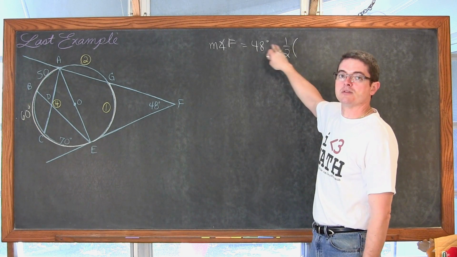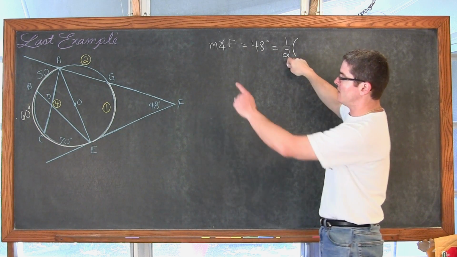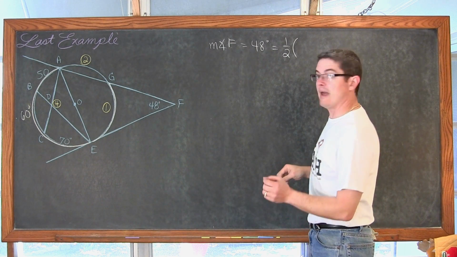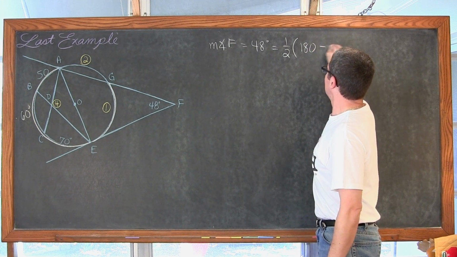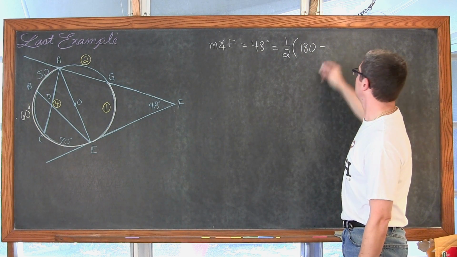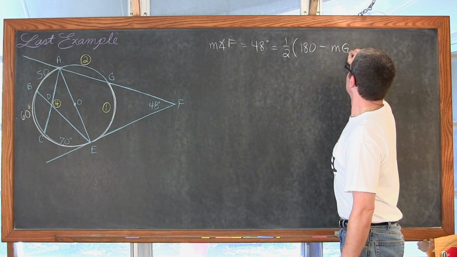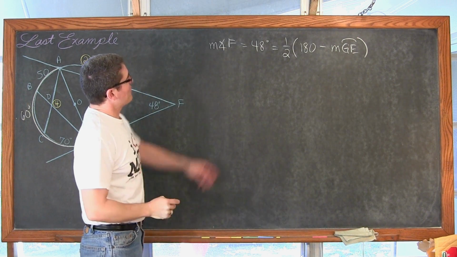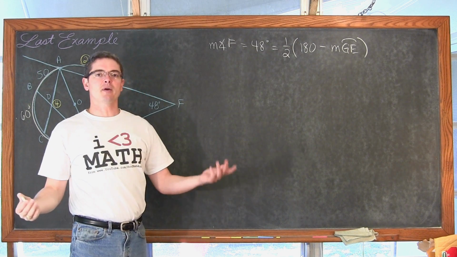So 48 degrees is equal to 1/2 the difference of 180 degrees again. That's why we needed to know that was the diameter, AE. So 180 minus, well, that's what we're looking for, the measure of arc GE. Oh look, my variable's on the right-hand side again.